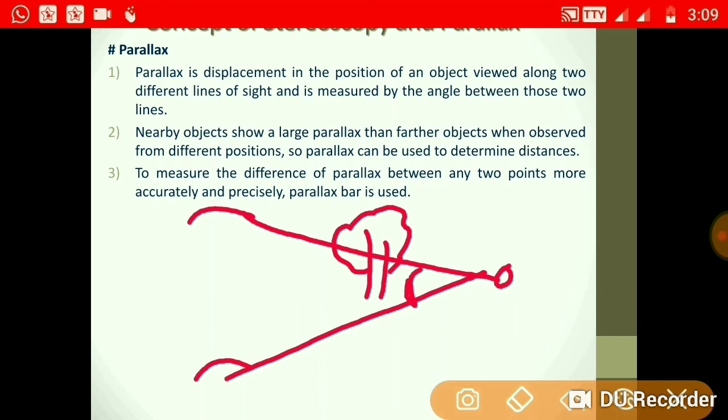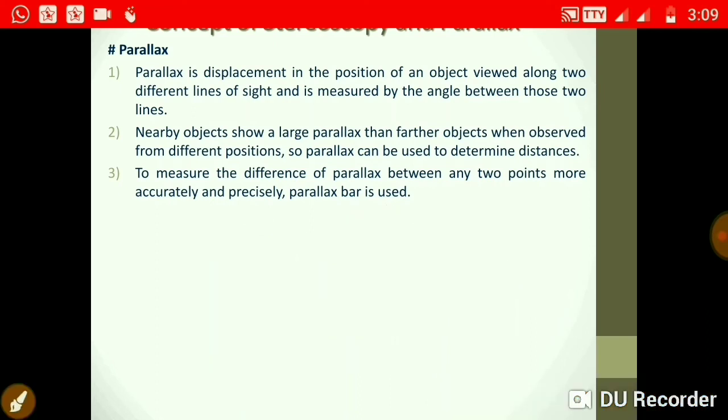The next point is that nearby objects show a larger parallax than farther objects when observed from different positions. So the objects which are nearer to you may show a larger parallax than the objects which are at some more distance from you.